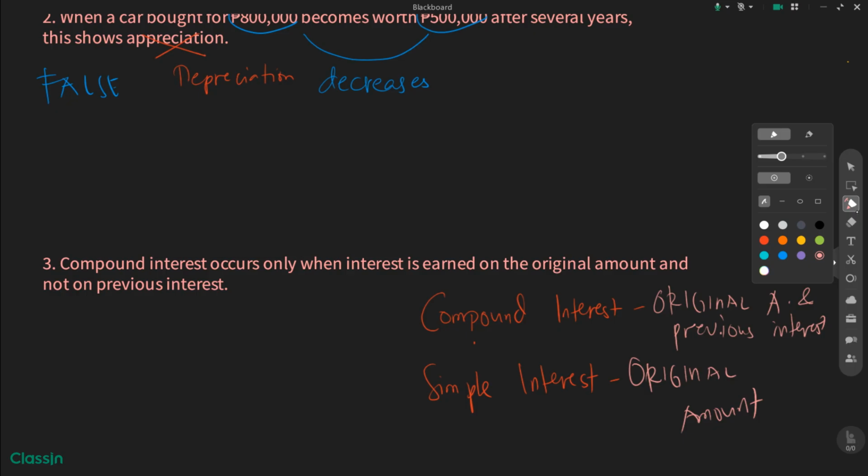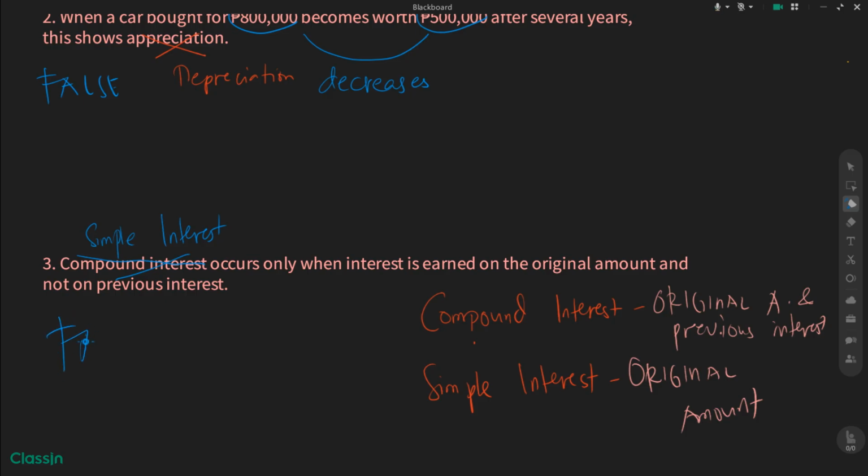So for question number 3, it must be simple interest, because for compound interest, the interest is calculated on the original amount and the previous interest, while for simple interest, the interest is calculated only on the original amount. So that's why this statement is false.